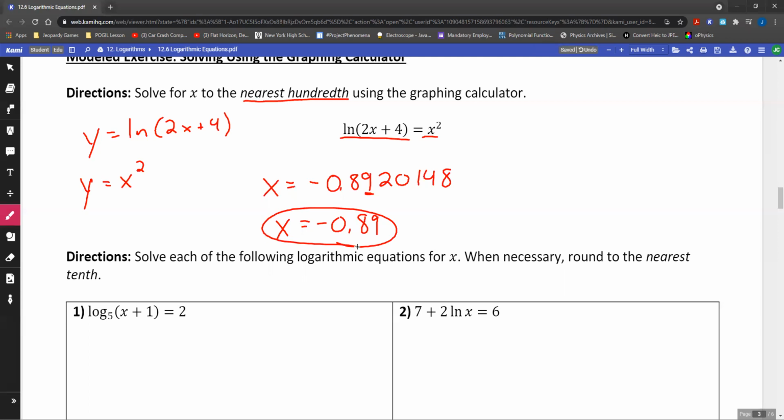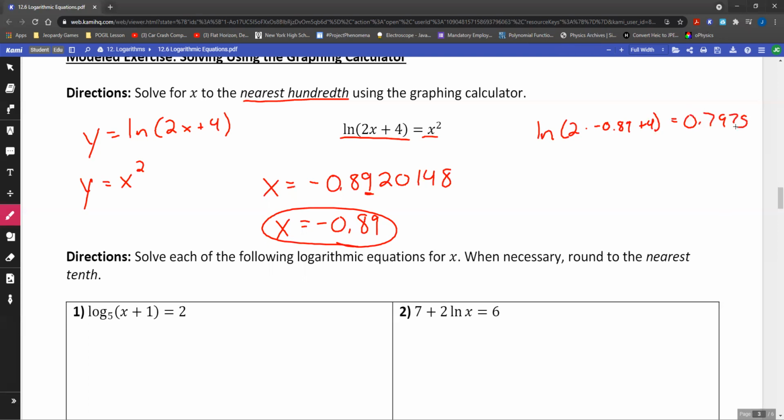And we can double check this. We could do ln of 2 times negative 0.89 plus 4. And we get that this is equal to 0.7975.